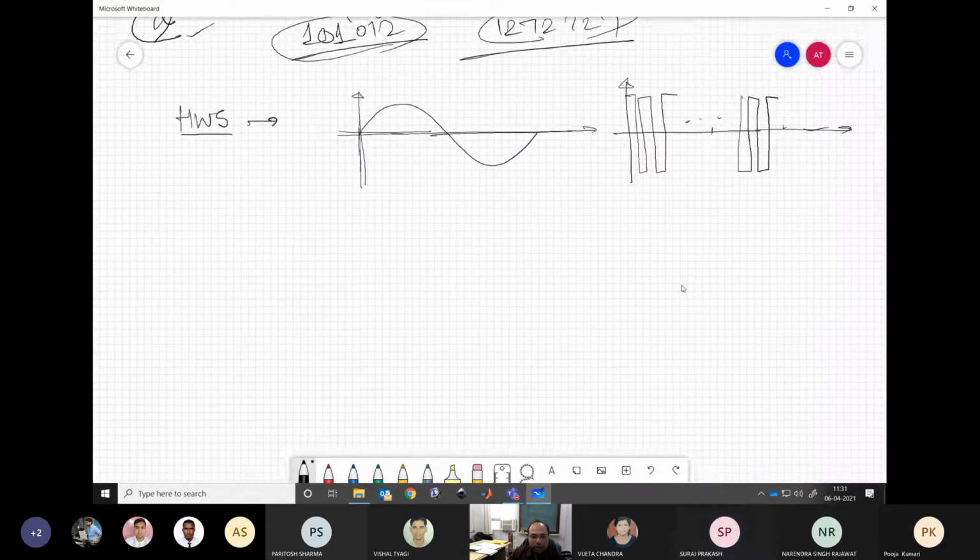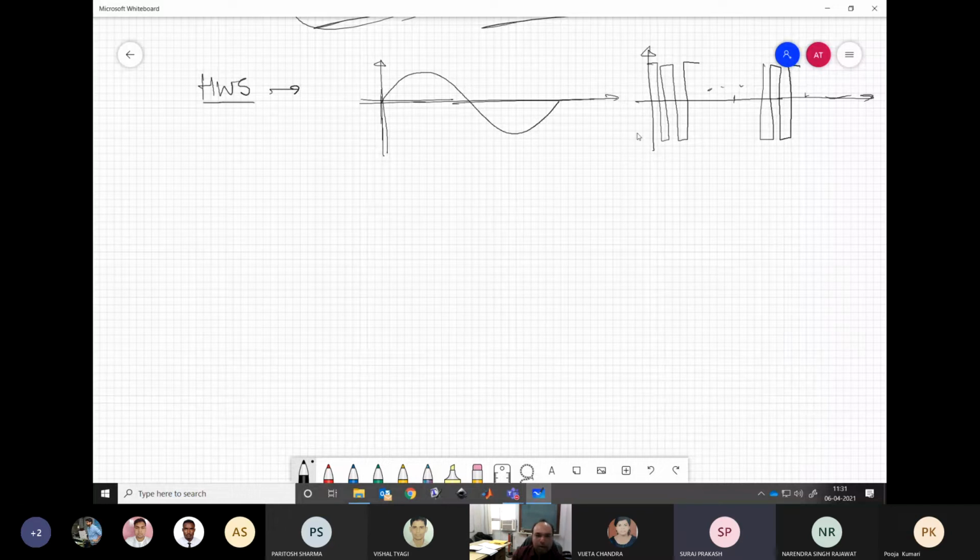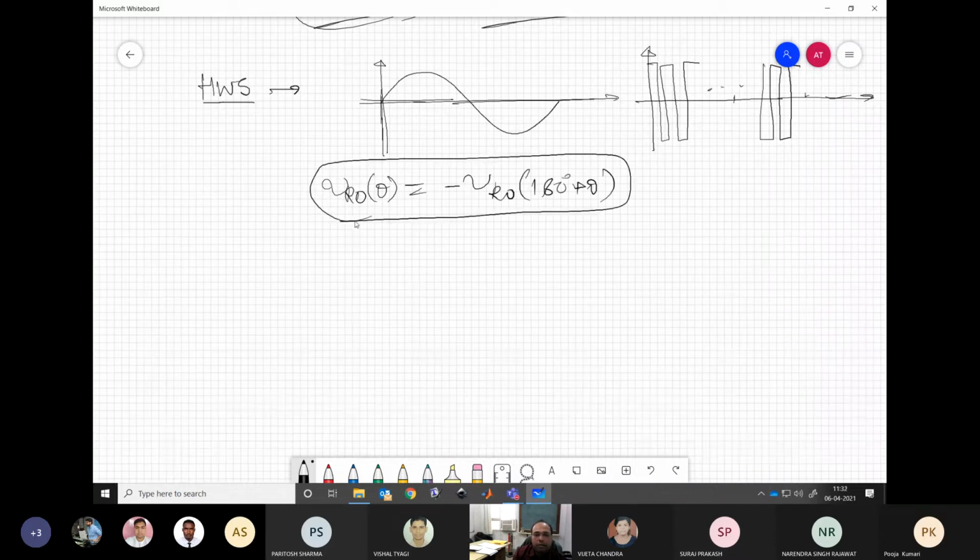Exactly. So what we have seen is that if we have VRO of theta, then VRO at 180 degrees plus theta must be the negative of that, or any VXO, any phase must follow this condition.